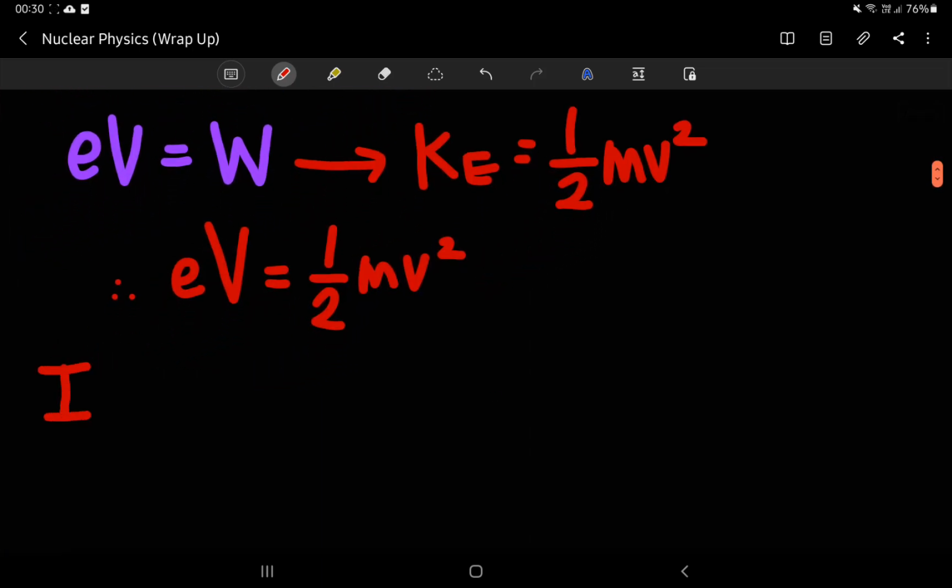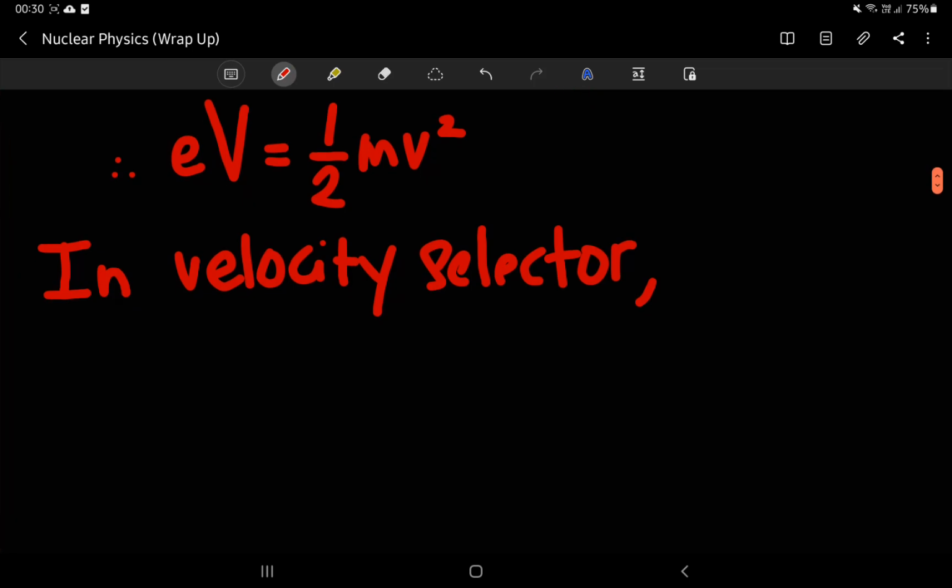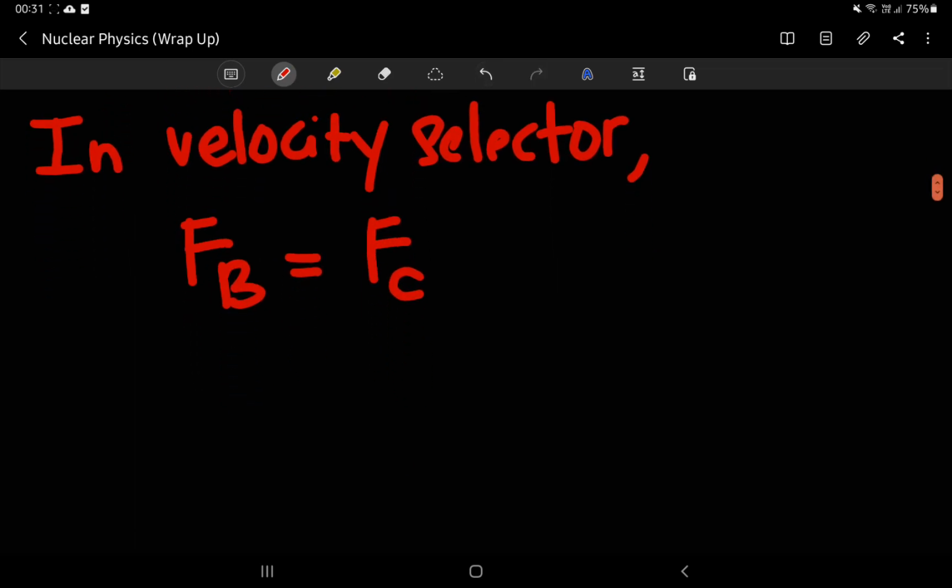In the velocity selector it will experience a centripetal force, hence the B force is F centripetal.